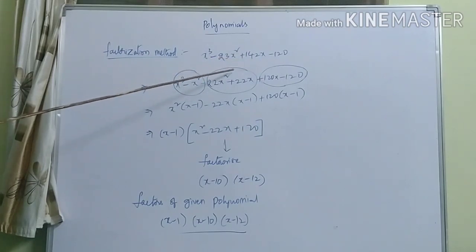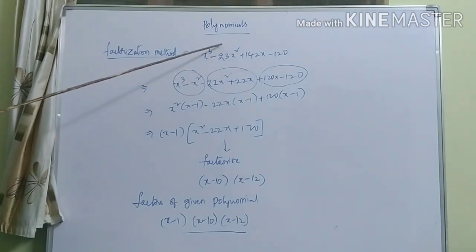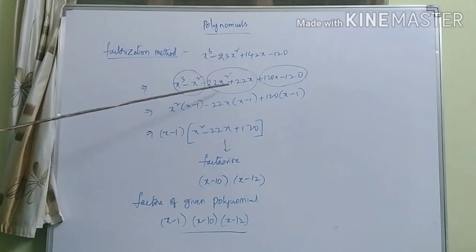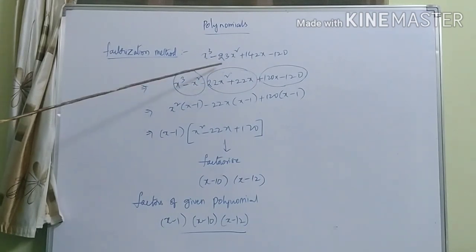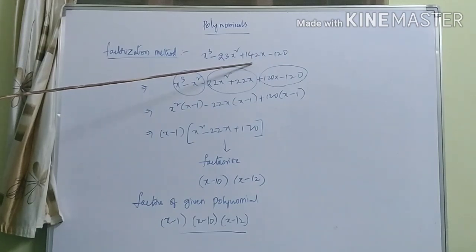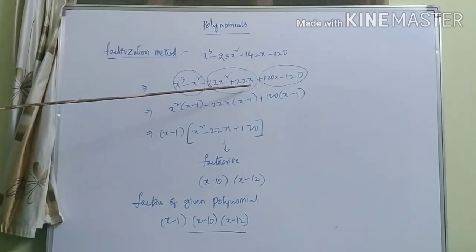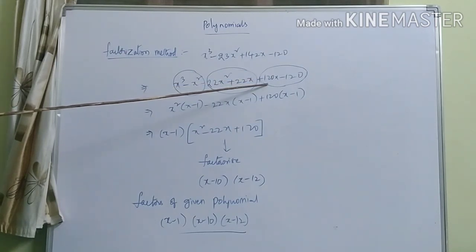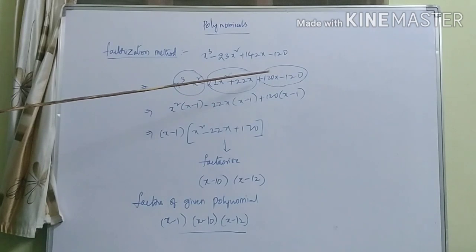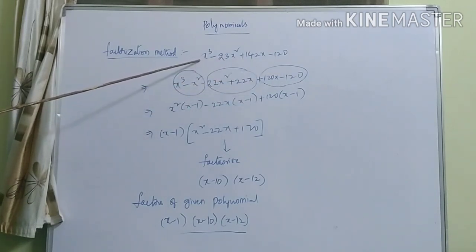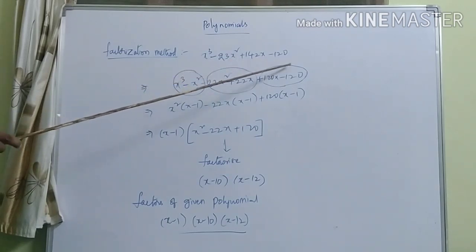We have to write this minus 23 in terms of a two-term combination, that is minus x square minus 22x square, and 142x is also written as a two-term combination, that is 22x and plus 120x. This type of splitting depends upon the first term and the last term.